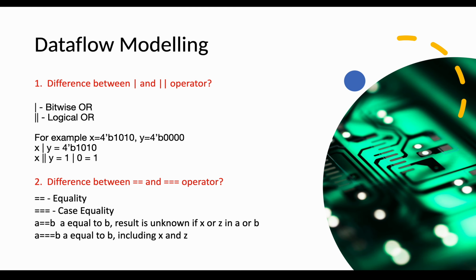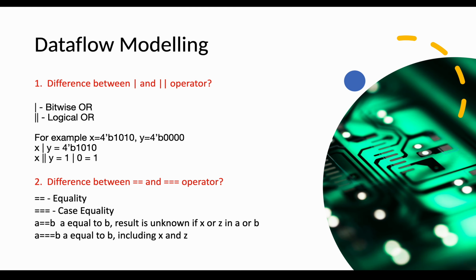X logical OR means if any one of the bits is high in X, that represents high, and if all the bits are low, then that represents 0. That is the logical OR. So it is equivalent to 1 OR 0, which gives the result 1.